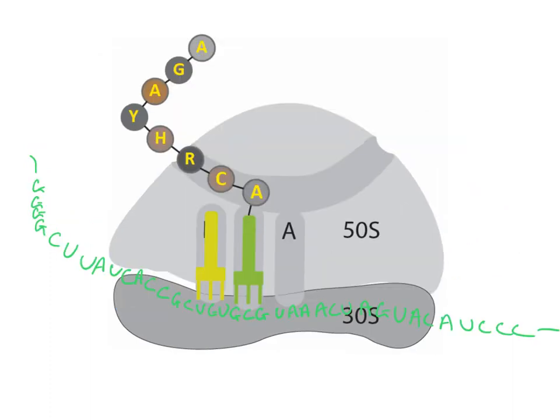So this continues over and over with the ribosome translocating along the messenger RNA, adding the next tRNA, making the new peptide bond each time, and synthesizing the protein. And this happens until the A site becomes placed over a codon that has no complementary tRNA. This is what we call a stop codon.